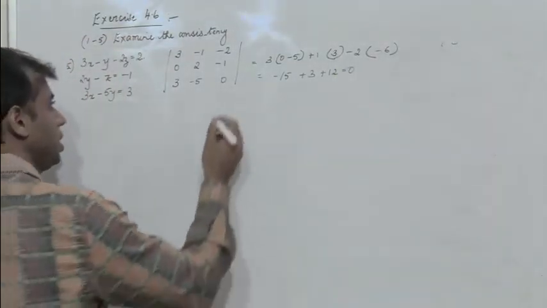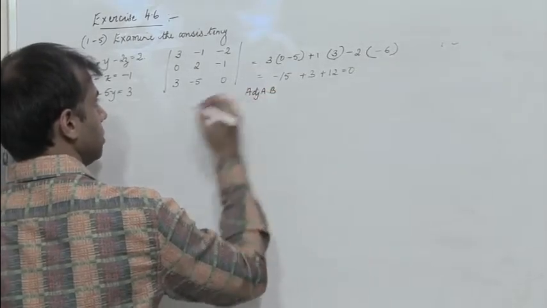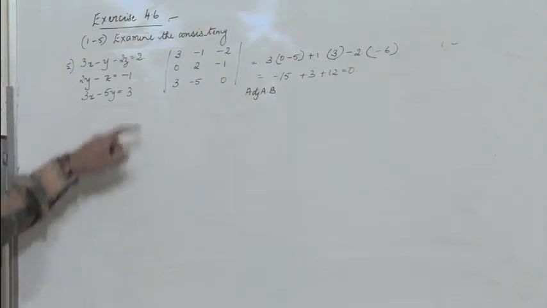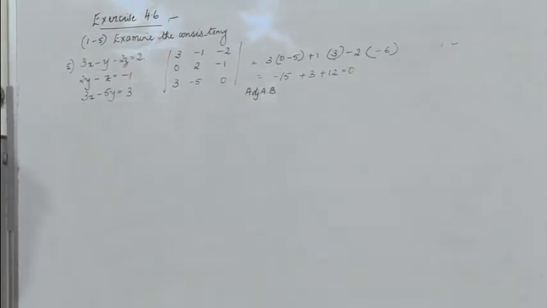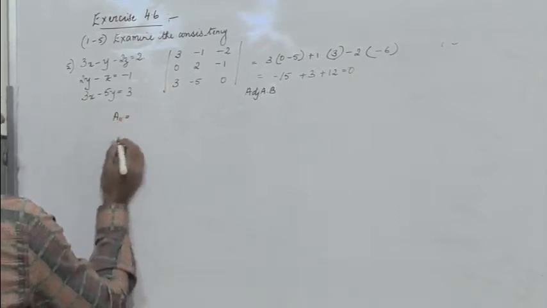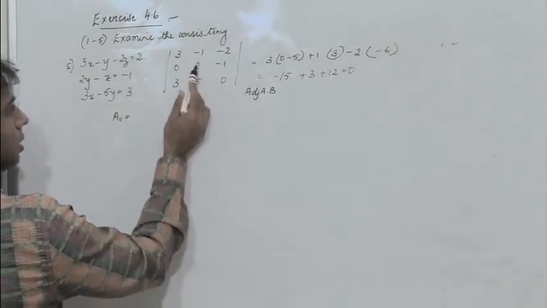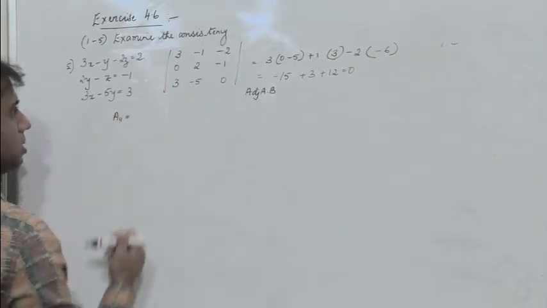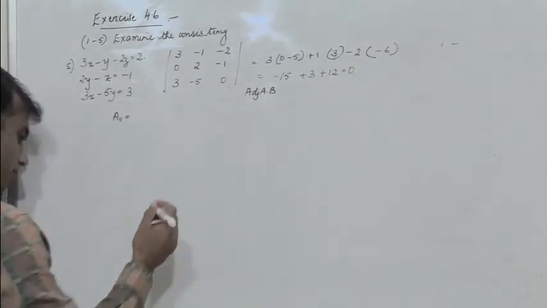So therefore we need to verify adjoint A into matrix B. So matrix B is 2 minus 1, 3. So now let us first find the adjoint. So to find the adjoint, let us find the cofactors. So what is A11? A11 is leaving the first row and first column, 2 into 0 minus of minus 5 into minus 1, so we get minus 5.